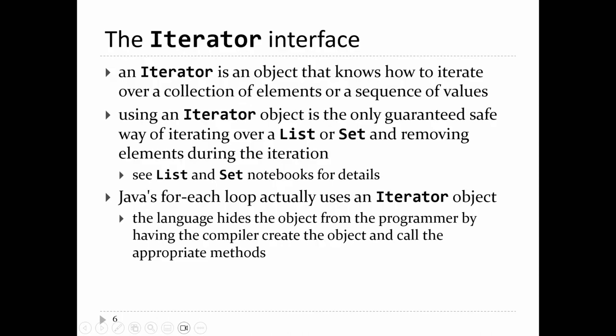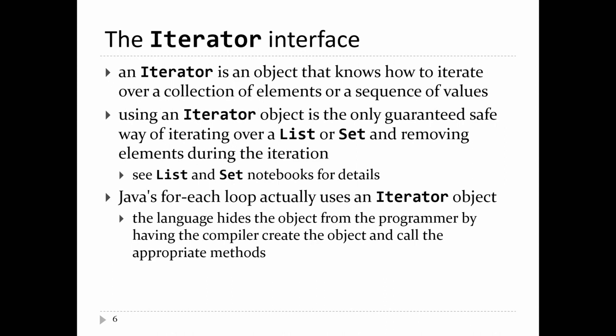Okay, so for today, we want to implement what's called the Iterator interface. We want to look at the Iterator interface and create a class that implements it. When you write a for each loop in Java, what's actually happening is there's an object of type iterator that gets created. An iterator is an object that knows how to iterate over a collection of elements or over a sequence of values.